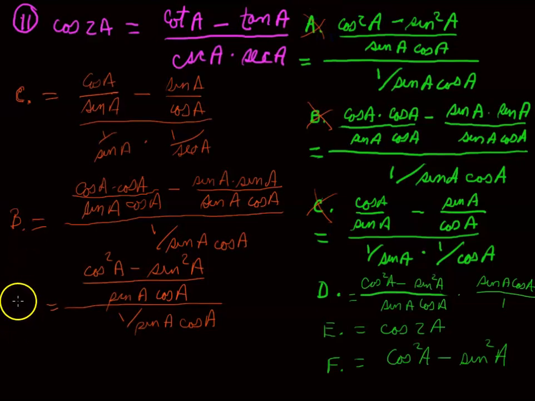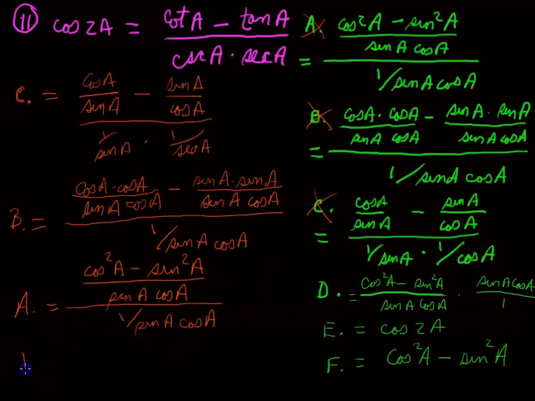I'm going to run out of room for this. So now when you have a fraction over a fraction, you can invert and multiply. Did they do that? Yes, letter D. They took this numerator and the denominator, inverted that denominator, and multiplied.